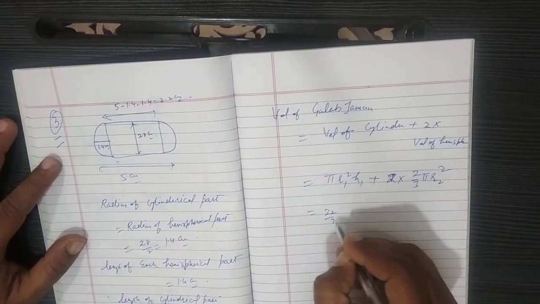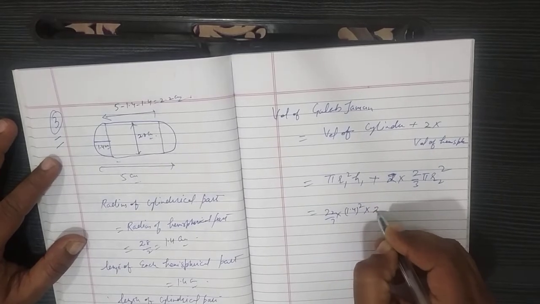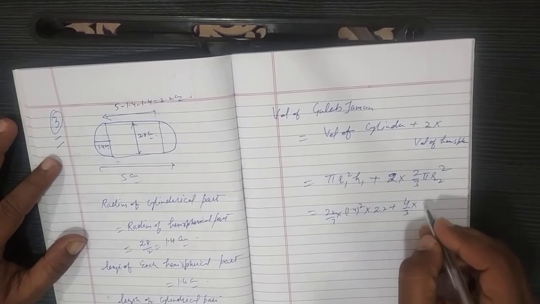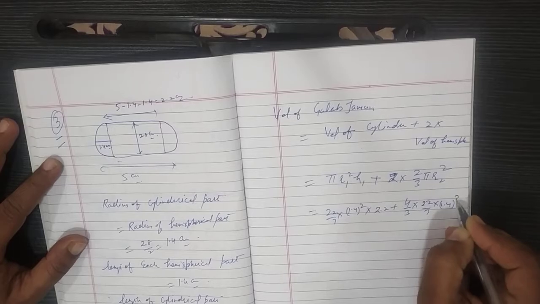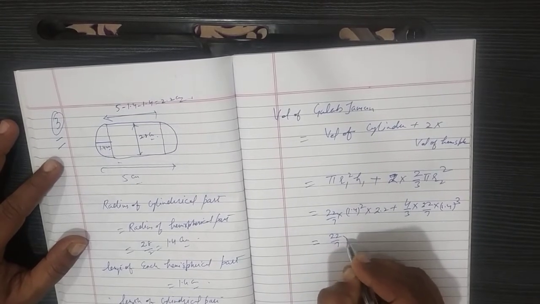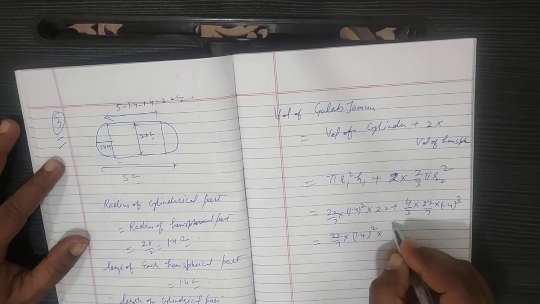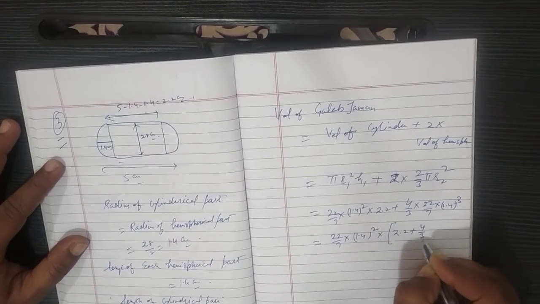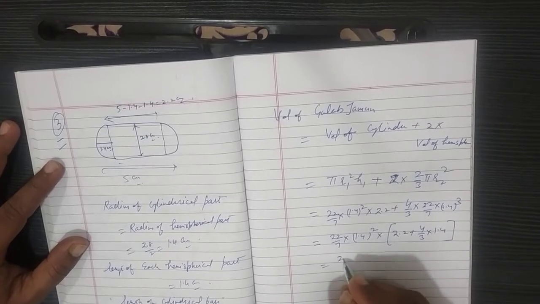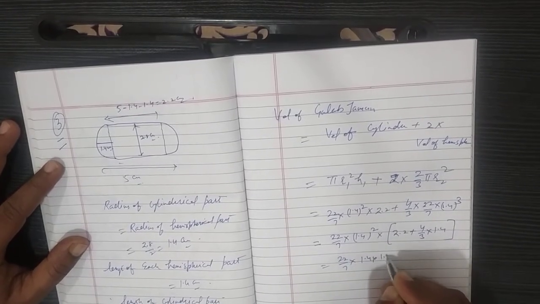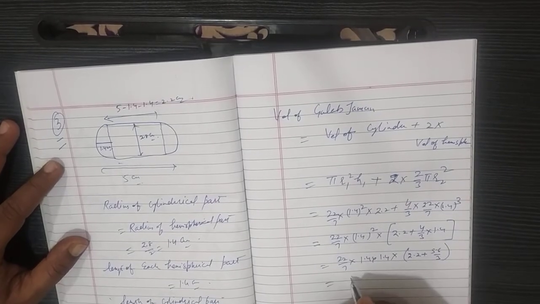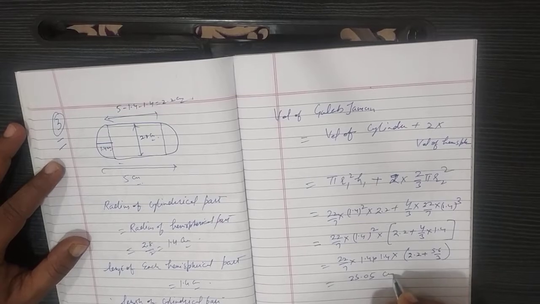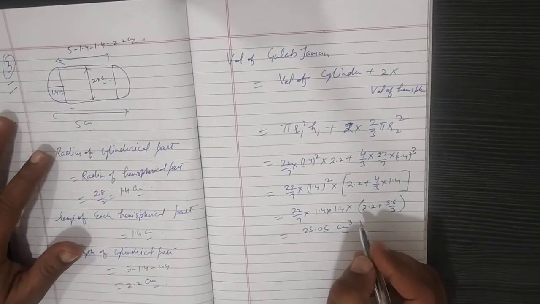So 22 by 7 into 1.4 square into 2.2, plus 4 by 3 into 22 by 7 into 1.4 whole cube. We will take this as common. So 22 by 7, 1.4 into 1.4 into 2.2 plus 5.6 upon 3. After simplification you will get 25.05 centimeter cube as the volume of gulab jamun.